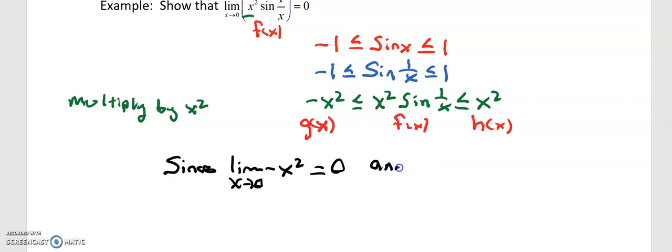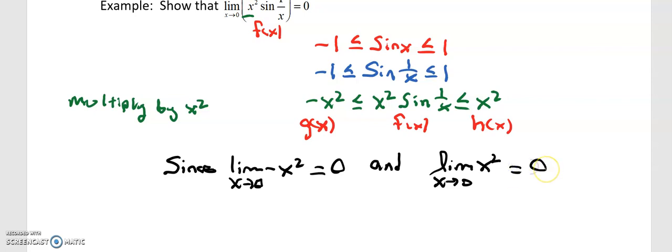And also, so over here I took the limit of g of x, which is negative x squared. So here I want to take the limit of h of x, which is x squared. So the limit of x squared as x approaches 0, well, again, this is a polynomial. If I plug 0 into x squared, 0 squared is 0.